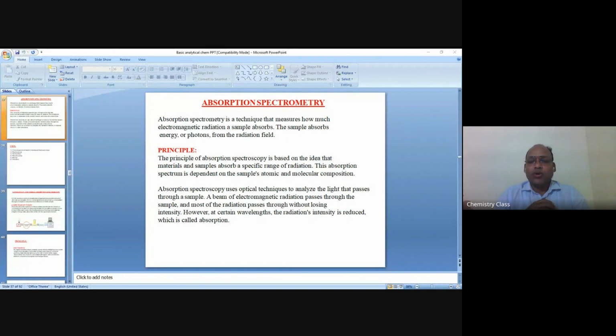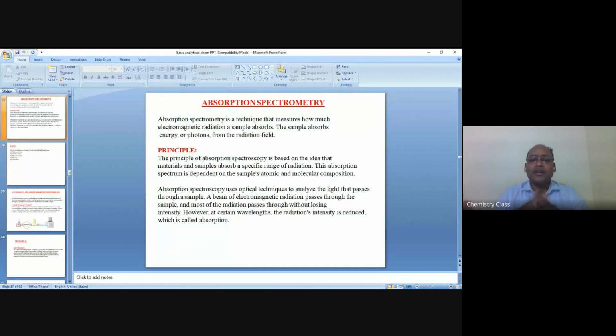Okay, so let's start again from the spectroscopy method. Absorption spectrometry is an analytical process. What is the meaning of this? Absorption spectrometry is a technique that measures how much electromagnetic radiation a sample absorbs.